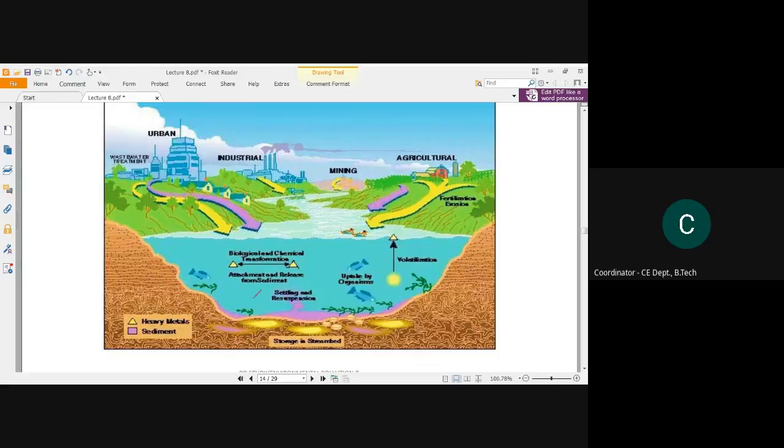The biological chemical transformation occurs in this water drainage, and here the yellow triangle part is given as heavy metal, and the purple square part is given as sediment. These sediment and heavy metal get deposited at the bottom of the bank of the river. Due to that, the biological creatures or inhabitants in this water ecology get disturbed.